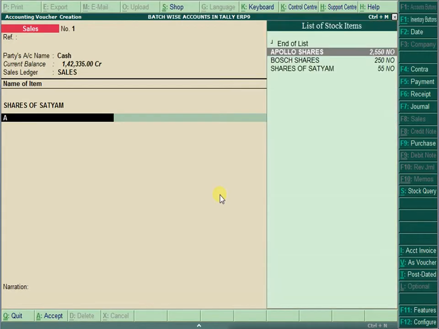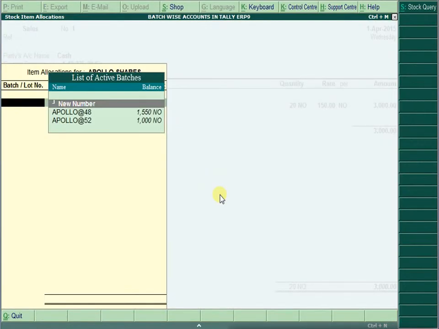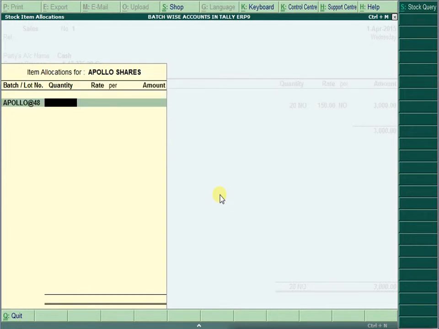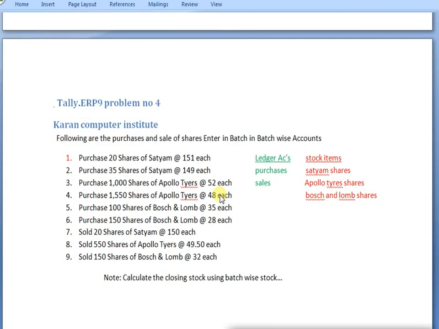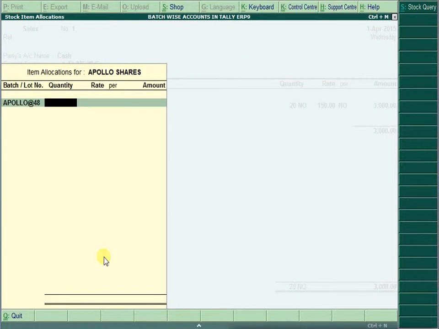Here we have two batches in the name of Apollo, purchased at 48 each and 52 each. The present market value is 49.50, that's why we should select 48. Present selling quantity is 550.